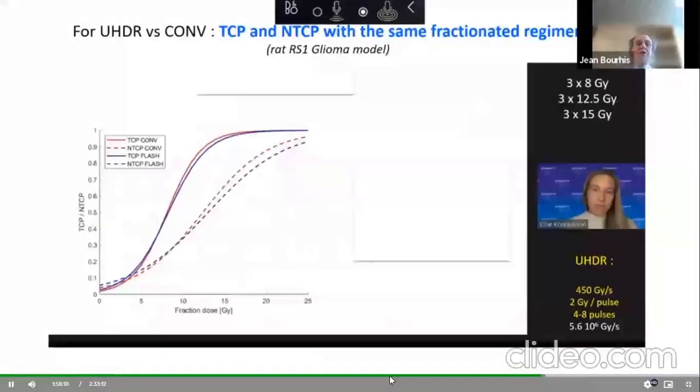This is an interesting piece of work, which used fractionated irradiation on rat glioblastoma, where they scored the toxicity and the tumor control with different regimens. And from this study, which is using a very high dose rate, as you can see, 2 gray per pulse, very few pulses, high dose rate in the pulse, it's hard to see a difference in the frame of this fractionated irradiation.